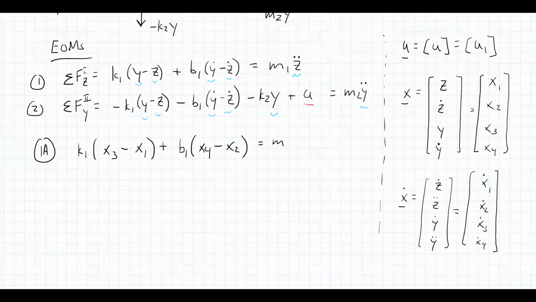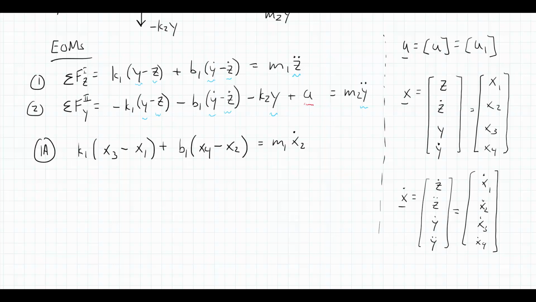But back to here, equals m1. Now z double dot only appears as x2 dot. I don't have any choice to make. That's the only thing I can write it as.